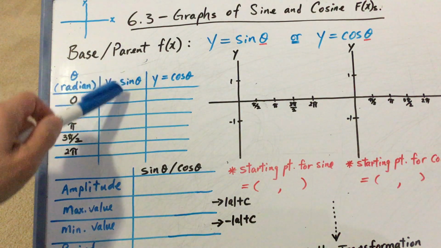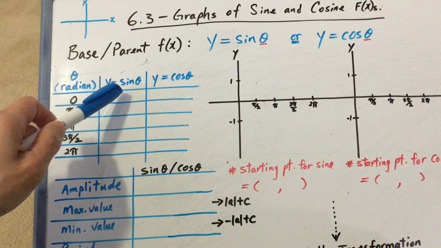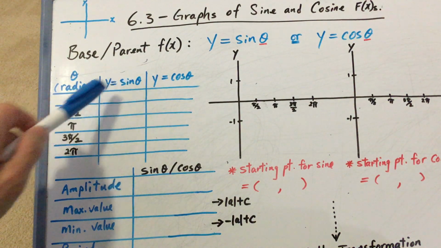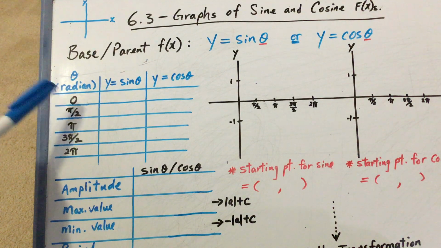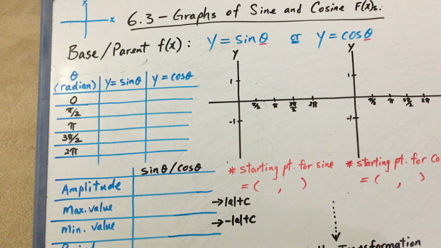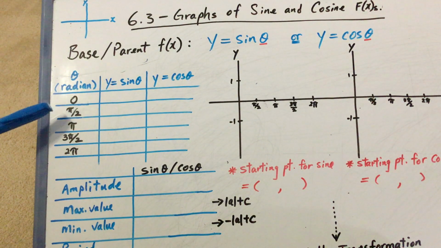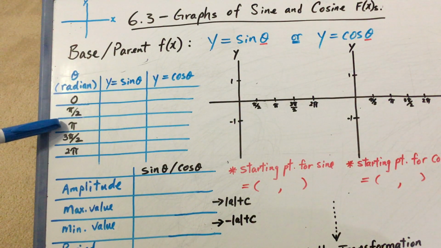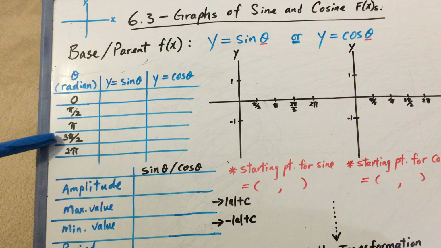And then we're going to determine the y values if we're taking the sine of that angle. So let's start from 0 degrees and 90 degrees, pi over 2, and 180, pi, or 3 pi over 2, which is 270, and 2 pi, which is 360.